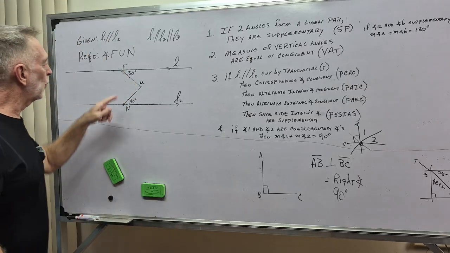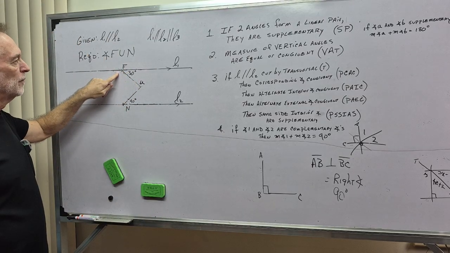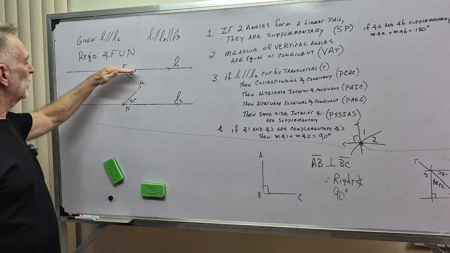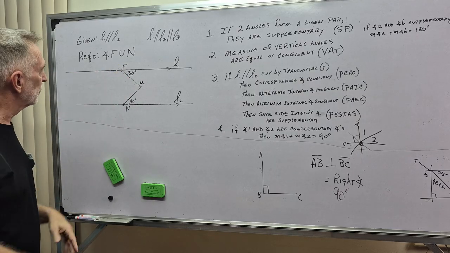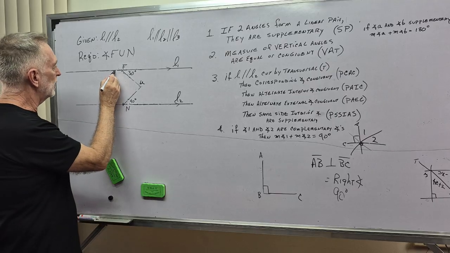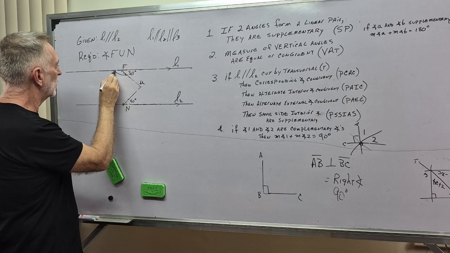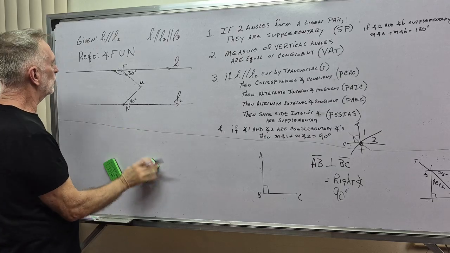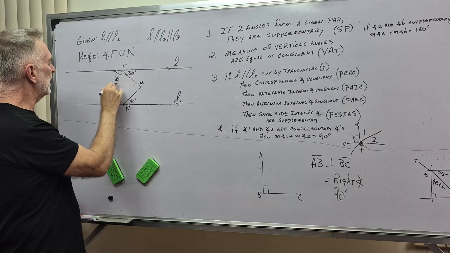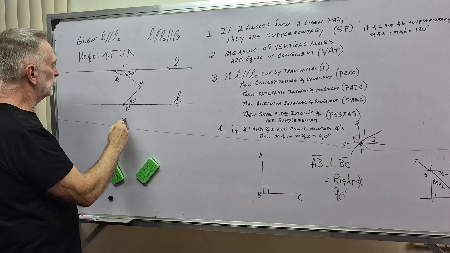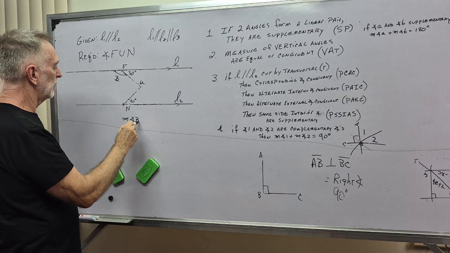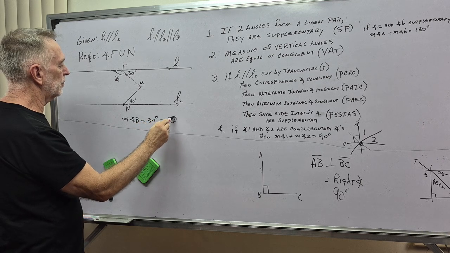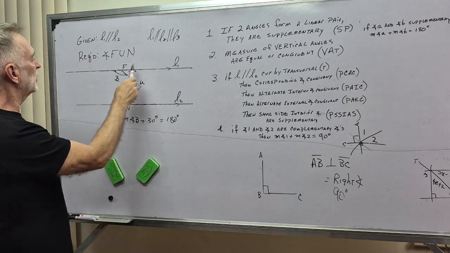If two angles form a linear pair, then the measure of one plus the measure of the other equals 180 degrees. So let's call this one beta. The measure of angle beta plus 30 degrees equals 180 degrees because these are supplementary angles.